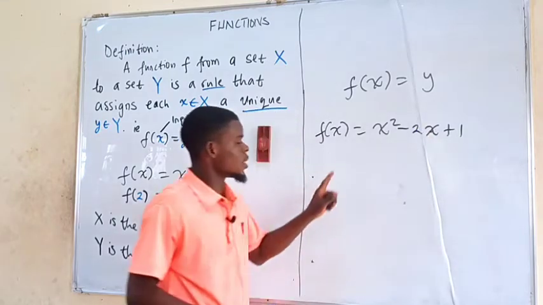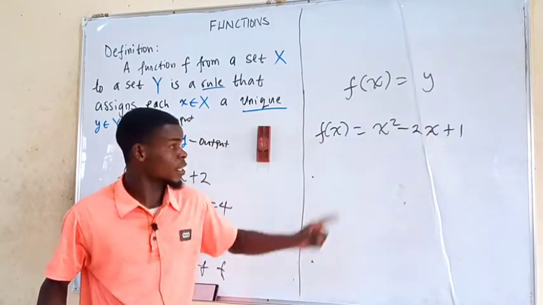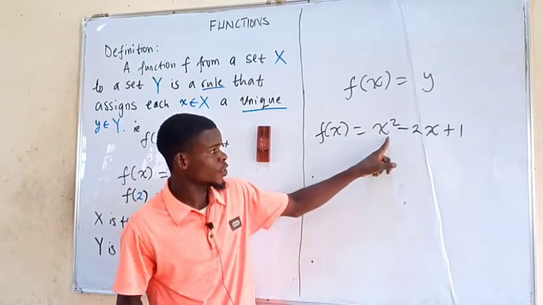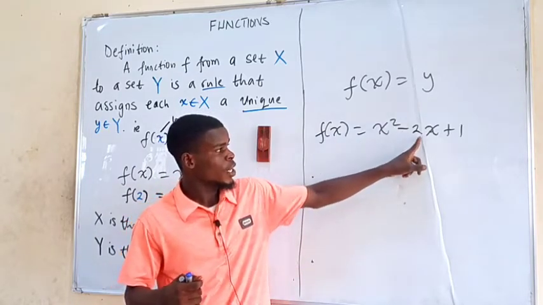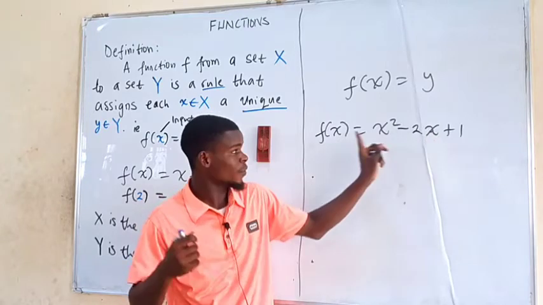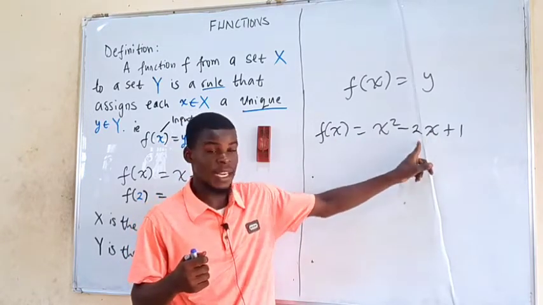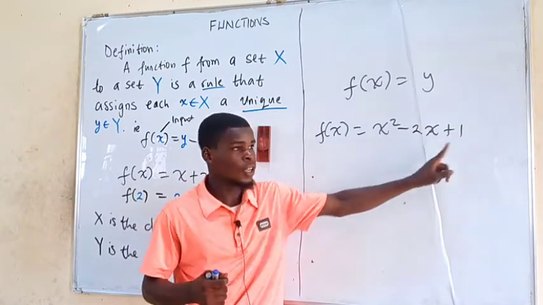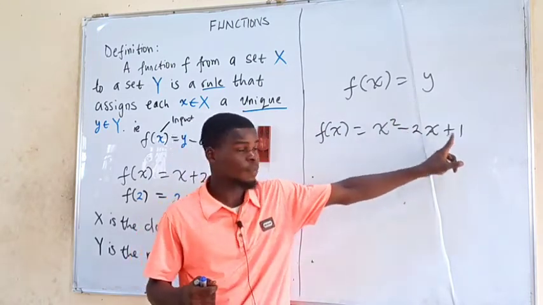So this tells us that this is a function of x, that is, it is written in terms of x. When you have an x here, it will first of all square it, then multiply it by 2, then remember a negative sign, then you add 1 to that. So you say x squared minus 2x plus 1.